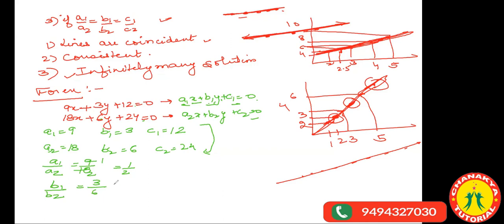Yes, so it will be 1 by 2 also. Meher, tell me the fraction for C1 upon C2. Ma'am, 12 by 24. Yes, 12 by 24, so 1 by 2.